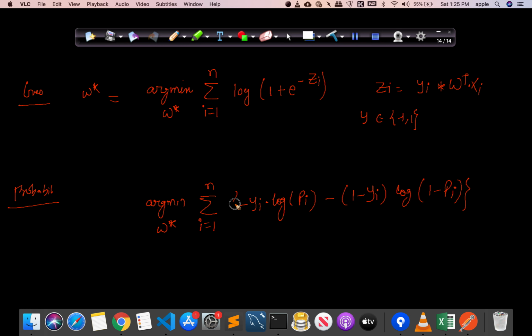So this is our whole thing. Just note that if a point belongs to class 1, then the label will be 0, and if yi is 0, this whole term will go and only this term will be there. So at any point of time, only one of these terms will be used based on the label of that particular point.